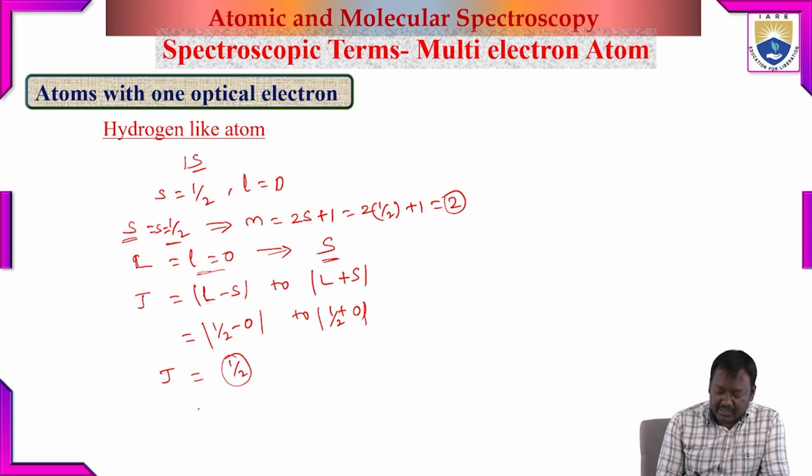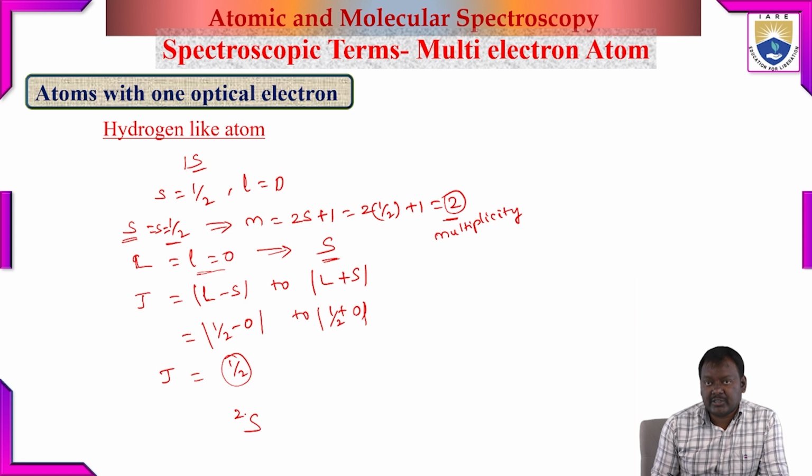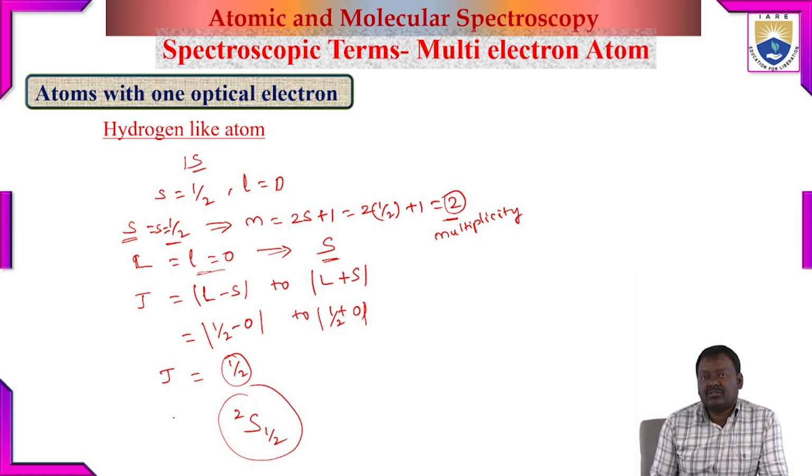Finally, the spectral term can be written as the term S, with the multiplicity 2 as the left superscript of S, and the J value written here. So this is the spectral term for the hydrogen atom.